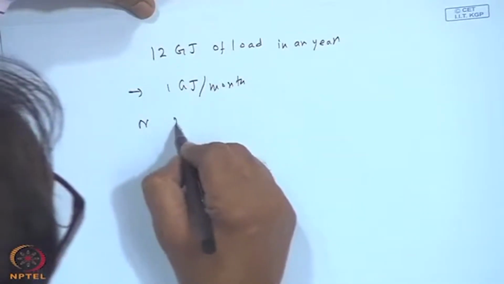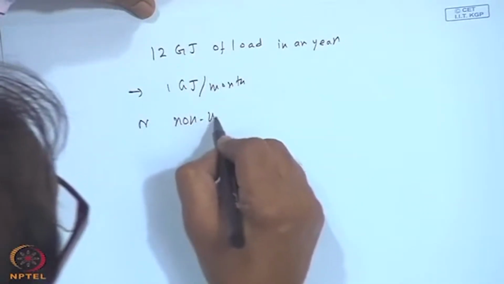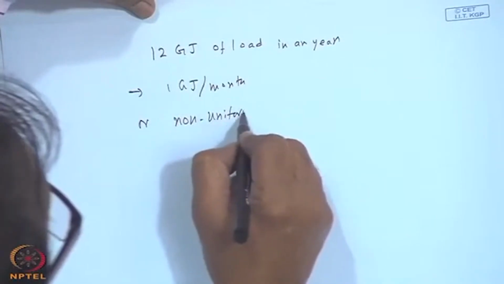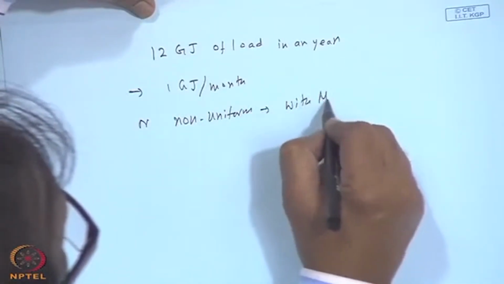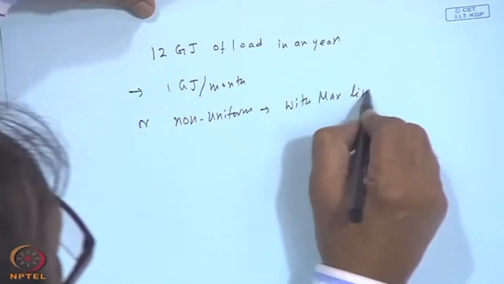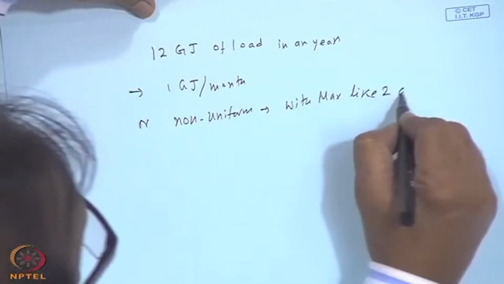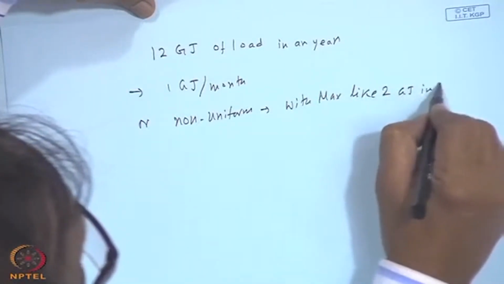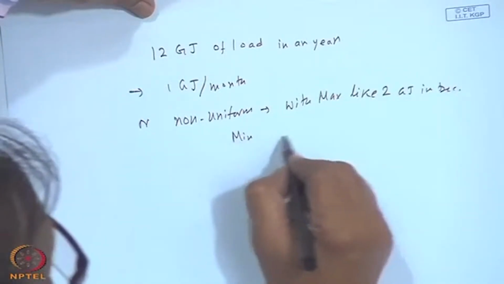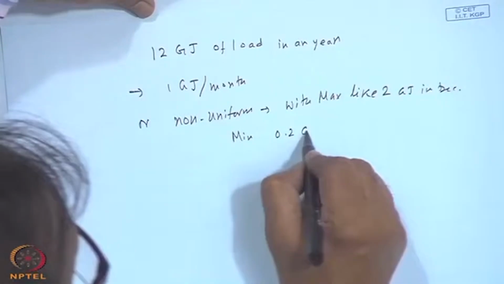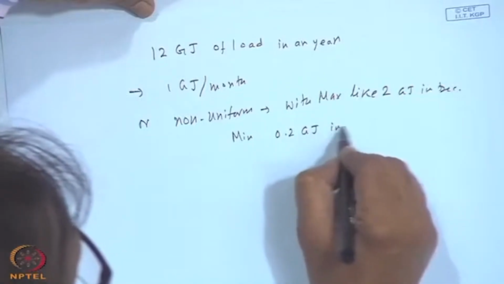or non-uniform, with a max like 2 gigajoules in December and a minimum like 0.2 gigajoules in June.